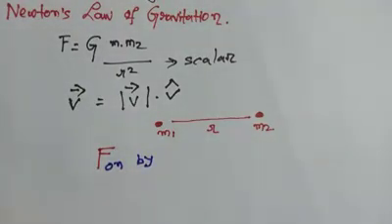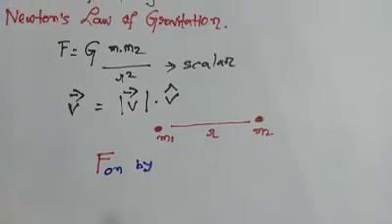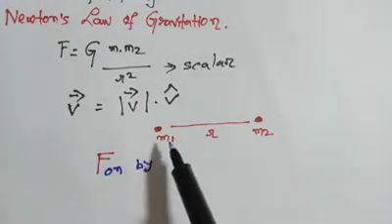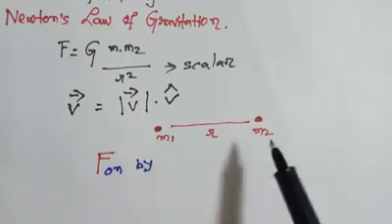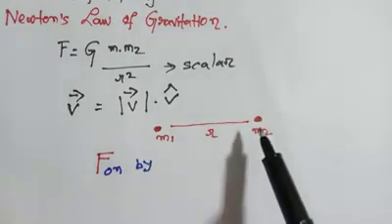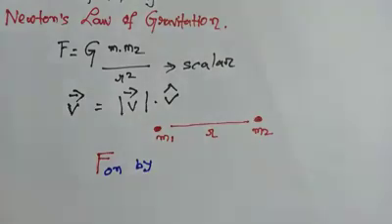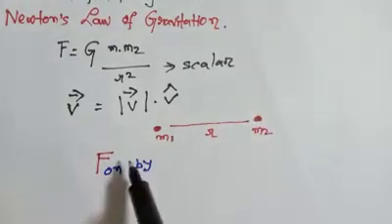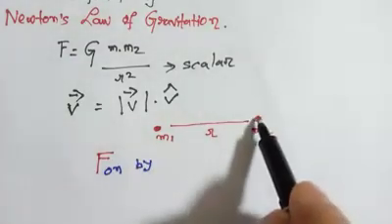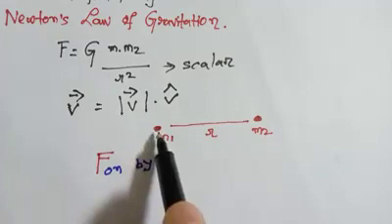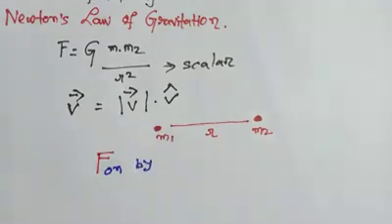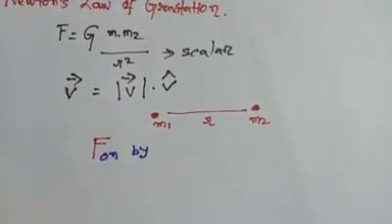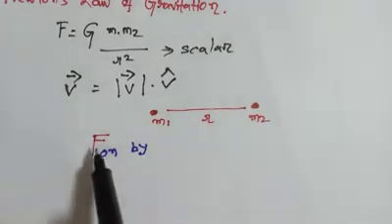Now, what is on and by? What I'm trying to tell you is the force acting on mass 1, which is being pulled or acted on by mass 2. Similarly, if I write the force acting on mass 2, that is this ball, which is being pulled by mass 1, it is the force by mass 1. So in that way we write on and by.